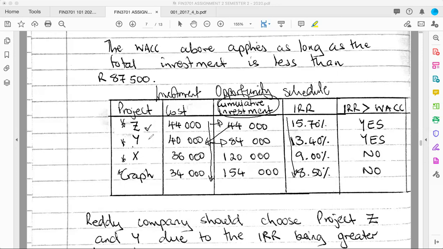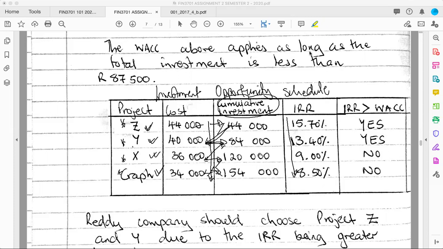If we invest in Project Z, Y, and X, we will spend 44,000 plus 40,000 plus 36,000, giving us 120,000. If we invest in Project Z, Y, X, and Graph, it means our total investment will be 44,000 plus 40,000 plus 36,000 plus 34,000, giving us a total investment of 154,000. Okay.